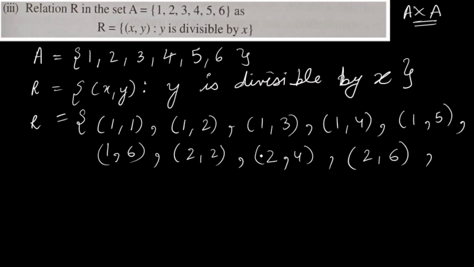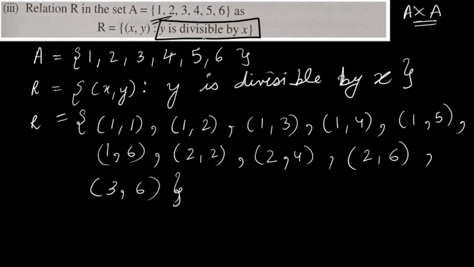So 1, 3 we have already written, 2 and 3 not possible. Then 3 and 6, because 6 is divisible by 3. With 4 it's not possible, then 5 also not possible, 6 also no. So these are all the possible ordered pairs which satisfy this relation that y is divisible by x.